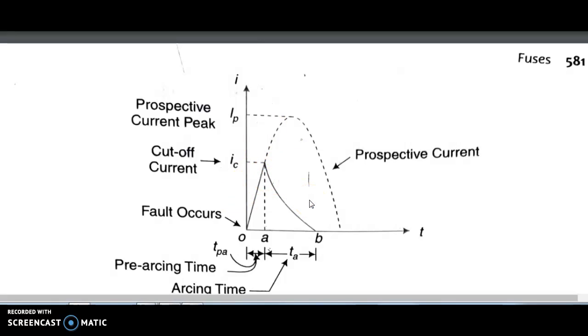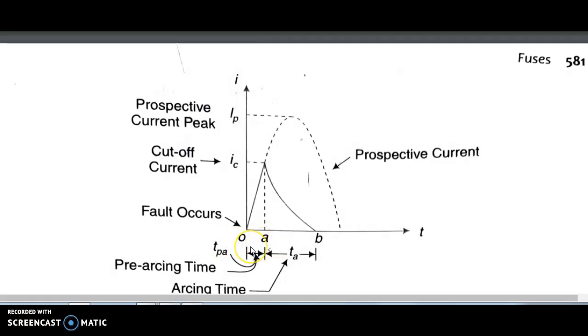Next, pre-arcing time. What does the pre-arcing time mean? Pre-arcing time or melting time is the time taken from the instant of the commencement of the current which causes the cutoff to the instant of cutoff and arc initiation. This is OA, the pre-arcing time.